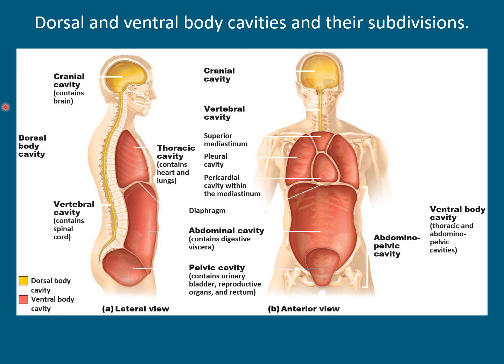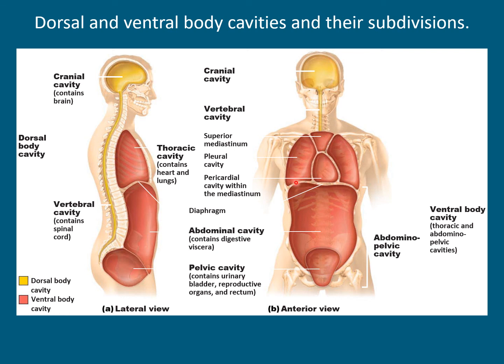And then in the red is the ventral body cavity, which, as you'll see in a moment, is subdivided into the thoracic cavity and the abdominal pelvic cavity, which is further divided into the abdominal and the pelvic. The thoracic and abdominal pelvic cavity, this right here is the diaphragm.